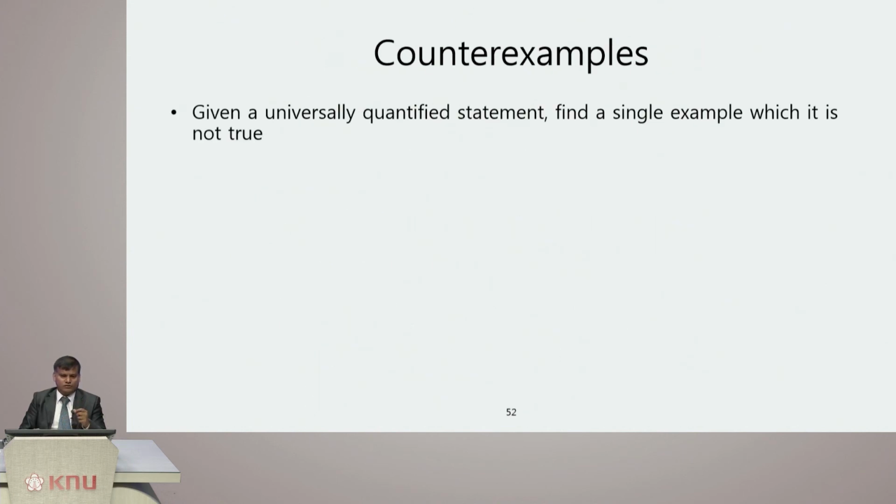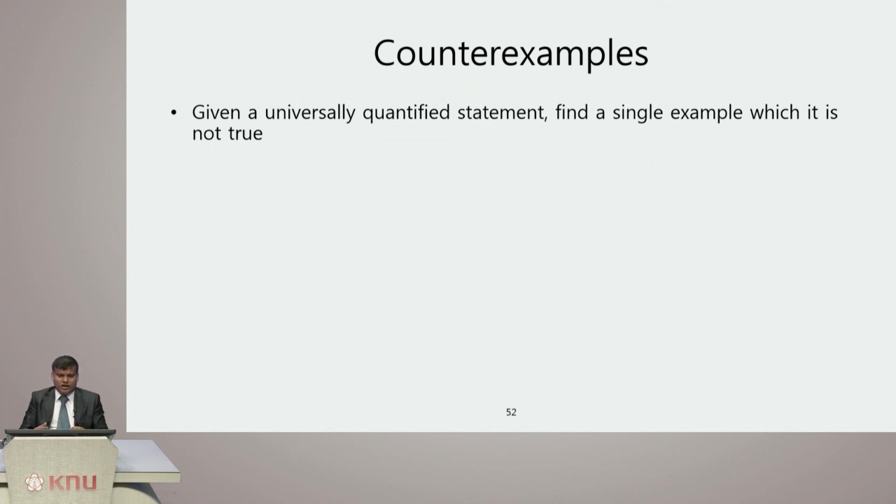We can also show a proof by means of a counterexample. Given a universally quantified statement, find a single example for which it is not true. So it's kind of a counterexample. We just show a single example that is not true for a universally quantified statement.